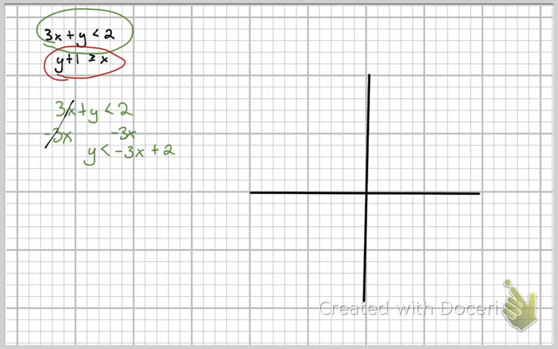We're going to find our y-intercept, our b value, which is 2, and our slope, which is negative 3. I'm going to turn that negative 3 into a fraction, negative 3 over 1, and graph it. We've got our positive 2 on the y-axis, and our slope is down 3 over 1.